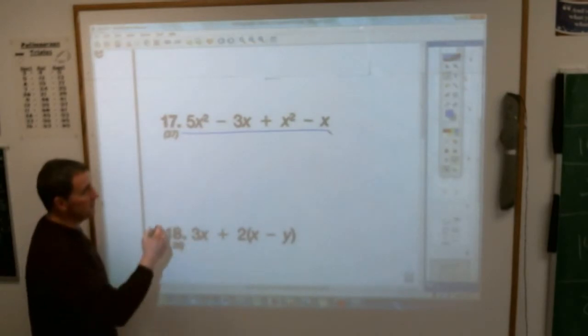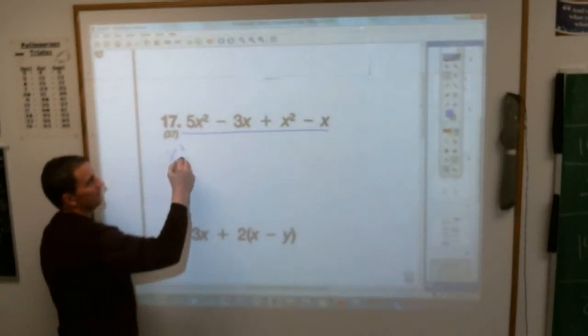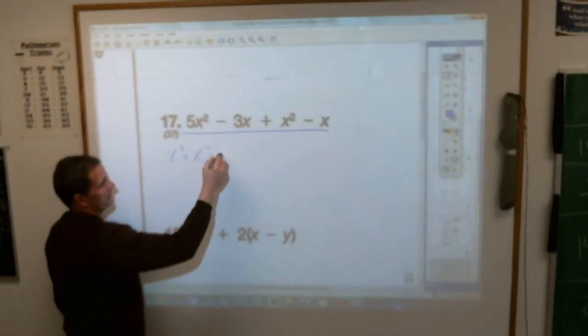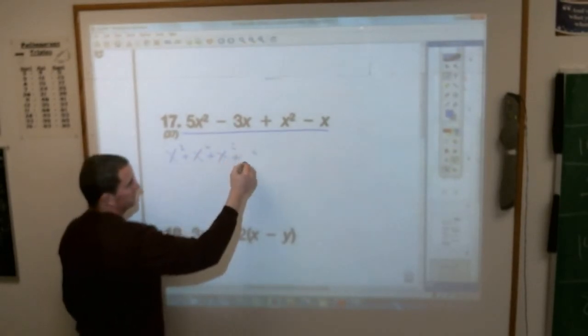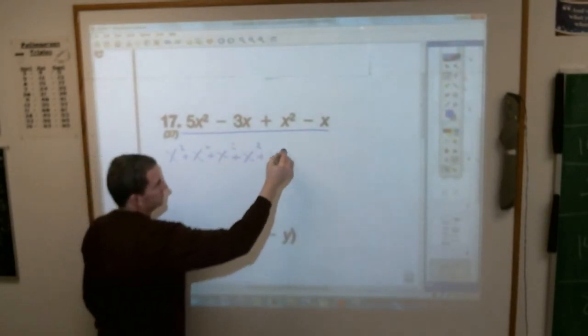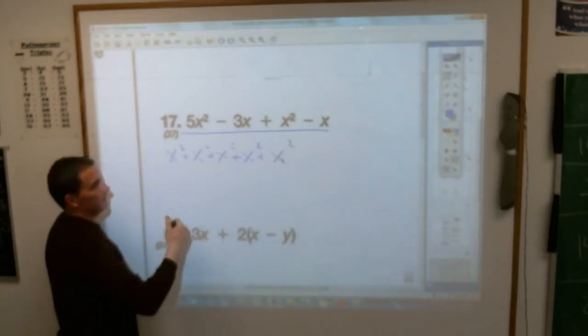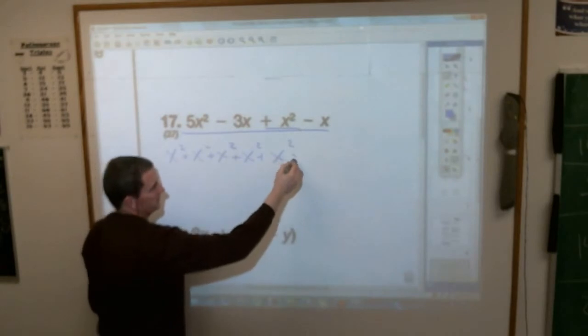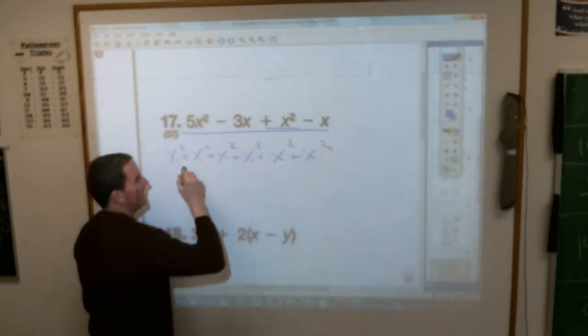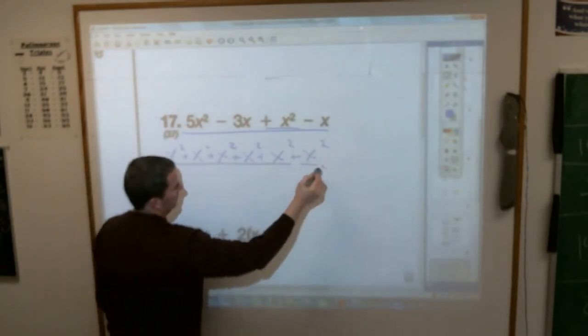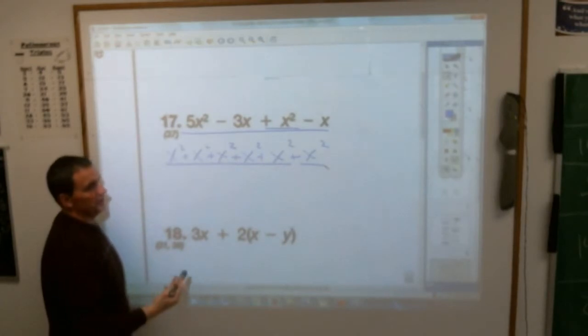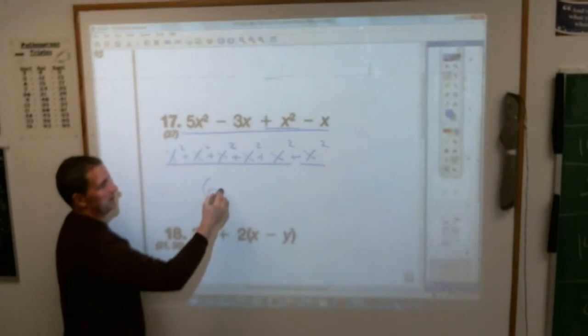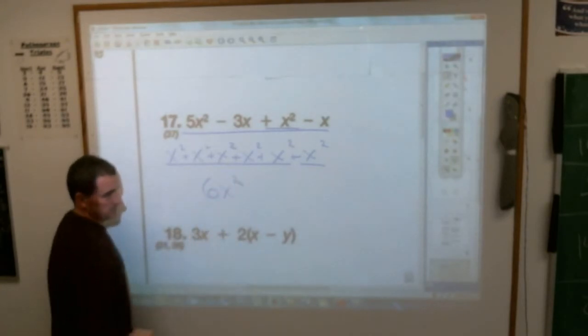You have 5 x squareds, and the only friends they're going to have is this other x squared here. If I put 5 x squareds with another x squared, they don't change to x to the fourths. They just become 6 x squareds.